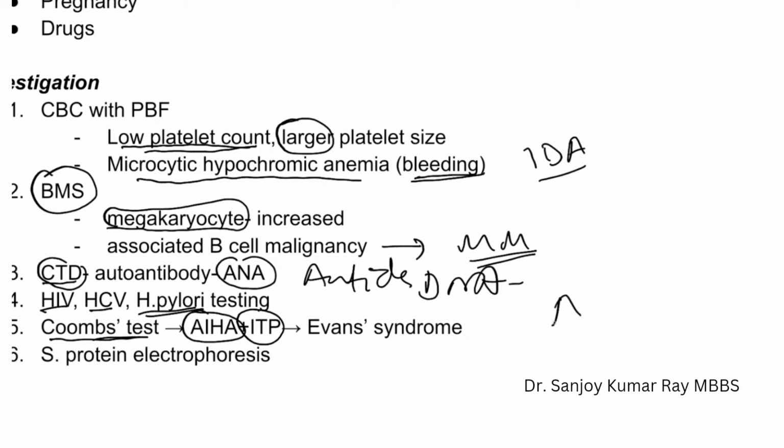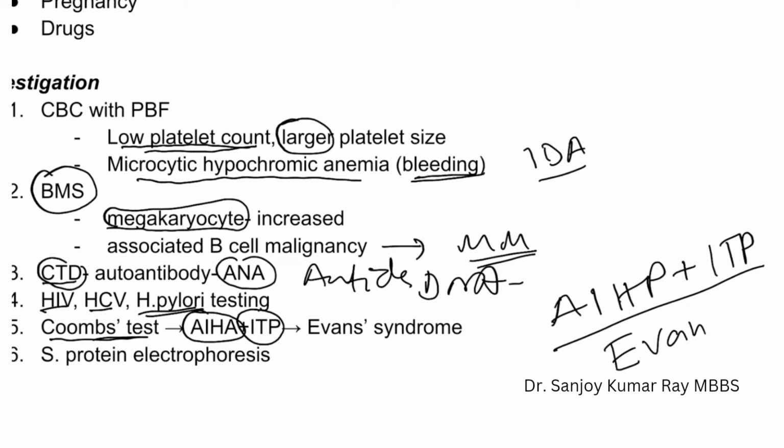That means the combination of autoimmune hemolytic anemia and idiopathic thrombocytopenic purpura, then this condition is called Evans syndrome. Okay. And for the evaluation of Evans syndrome, direct Coombs test will be positive, and serum protein electrophoresis can be done if there is B cell malignancy.